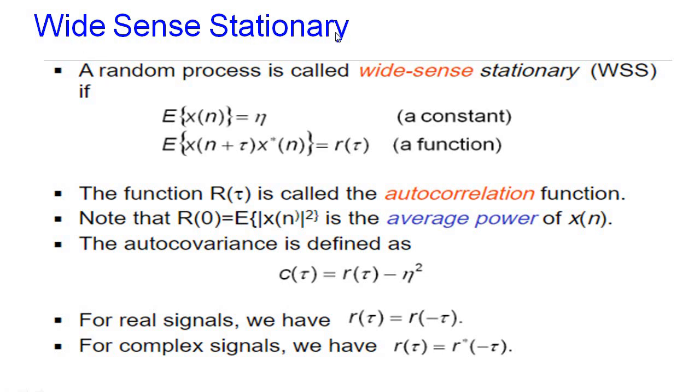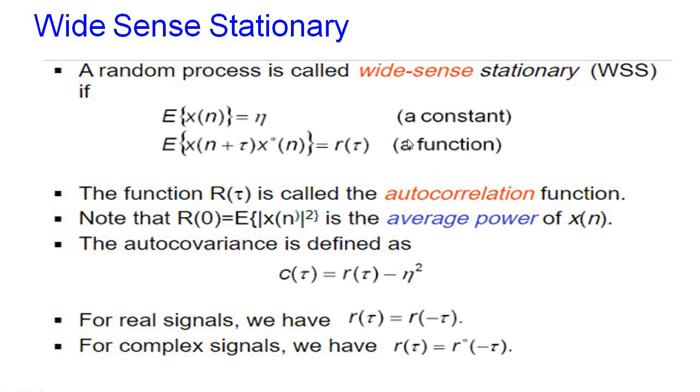Next, wide sense stationary. A random process is called wide sense stationary if the mean is a constant. Here mean refers to the expectation of x of n equal to constant eta. Expectation of x of n plus tau into the conjugate of x of n is equal to r of tau, the autocorrelation function.